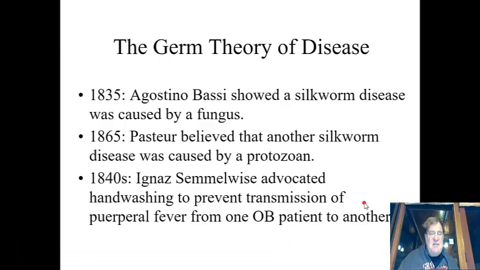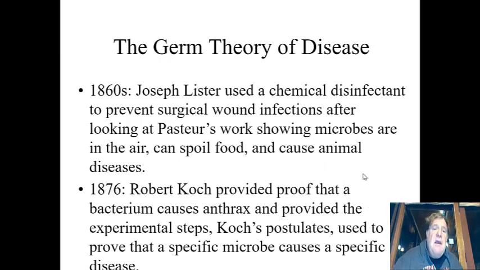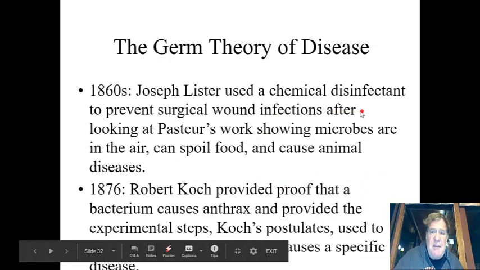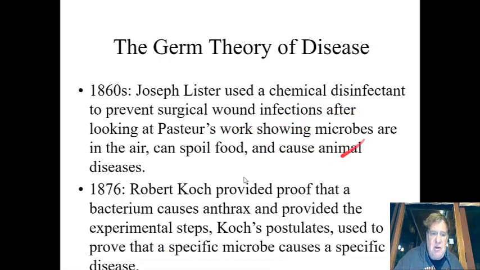Doctors would practice on cadavers, then go deliver babies, and they wouldn't wash their hands in between. Things that we think are really disgusting now, people were really hesitant to do. In the 1860s, Joseph Lister used a chemical disinfectant to prevent surgical wound infections after looking at Pasteur's work showing that microbes in the air can spoil food and cause animal diseases.